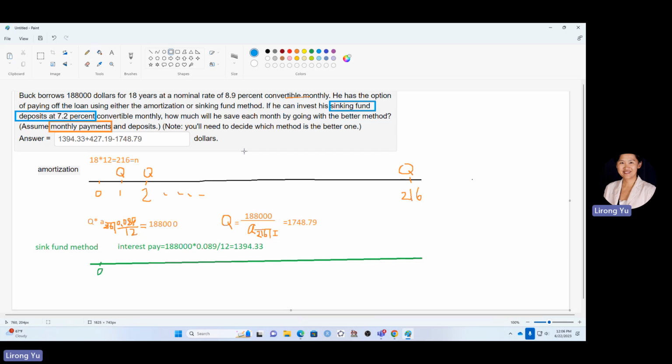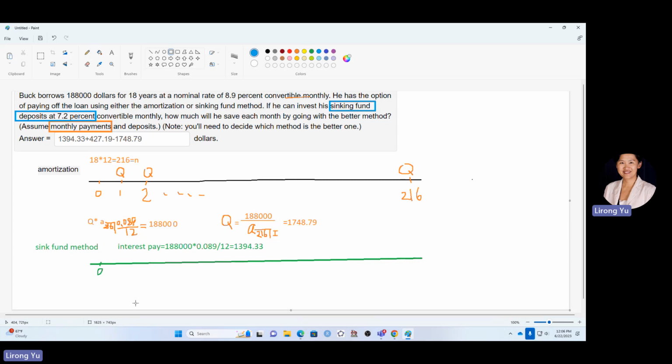I suspect if this one had a higher interest rate than the 8.9, we might end up paying less because that allows your money to increase faster to the 18800. So then your money grows faster, and that means you don't have to save that much money each month. But right now that interest is low, that means your money is not growing as fast, and that means you have to invest more to achieve a certain growth of money.